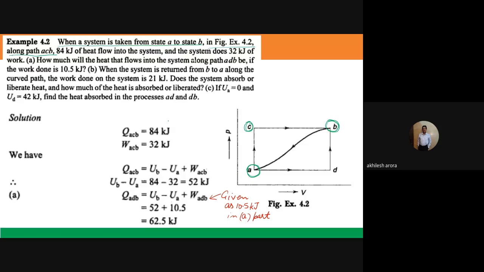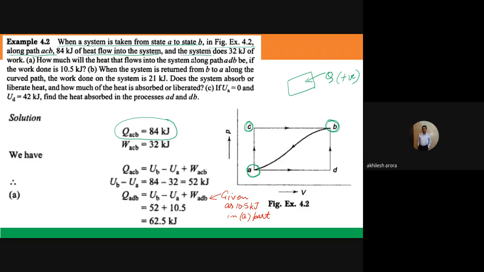So this is the value which is given to us. Q_ACB is 84 kilojoules. And because heat flows into the system, if this is the system and Q is entering into the system, it is bound to be positive, as per the sign convention.